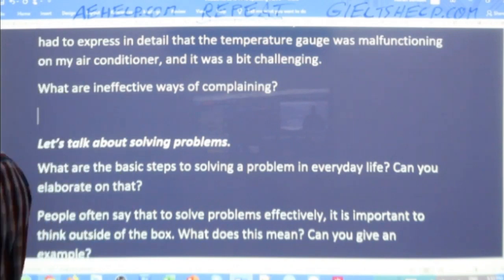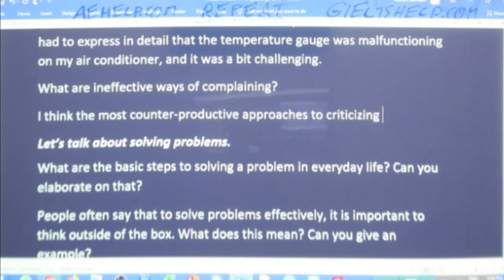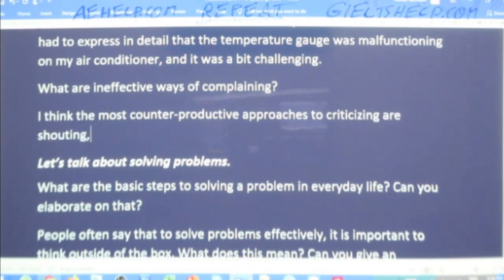So, I think the most counterproductive approaches to criticizing are shouting and fighting.